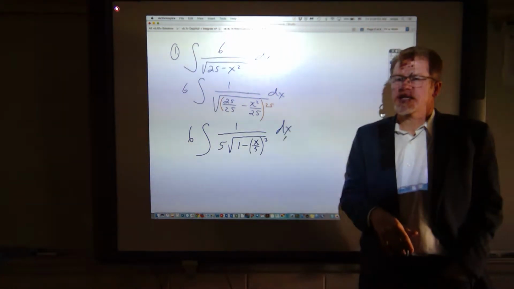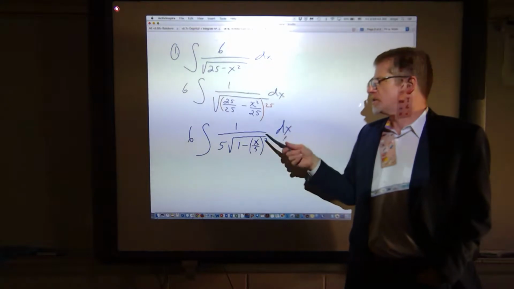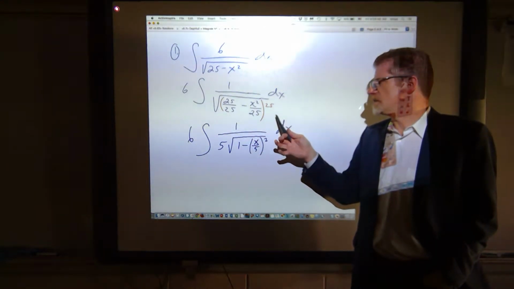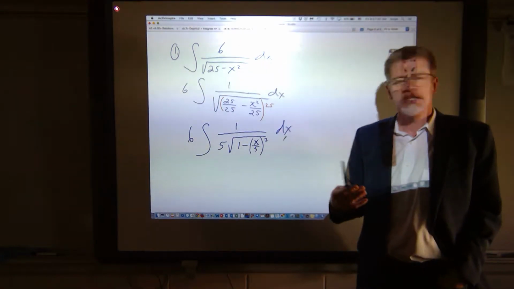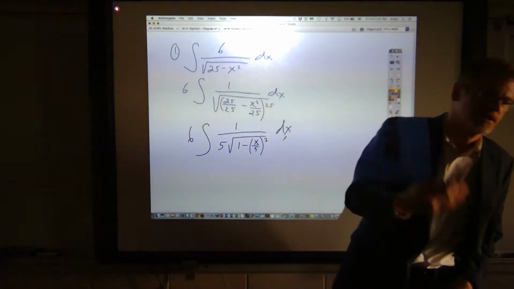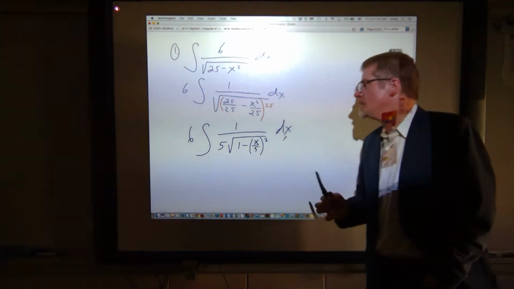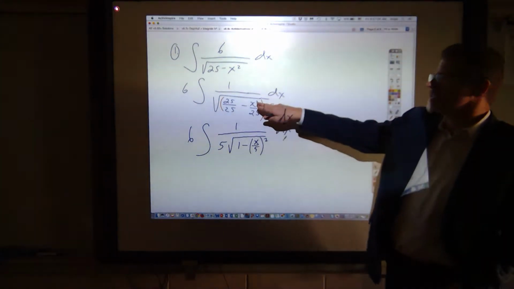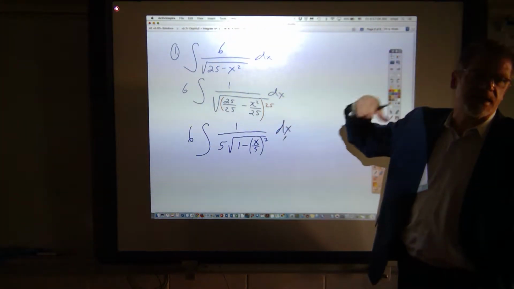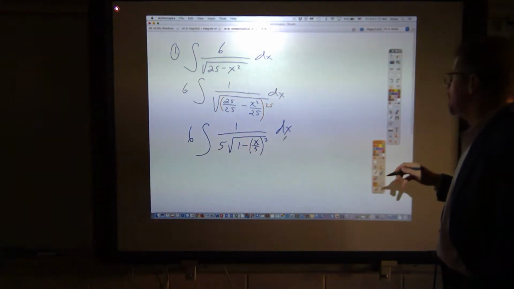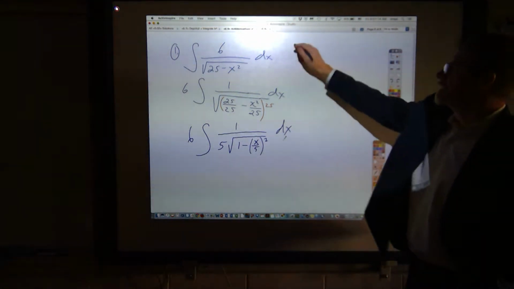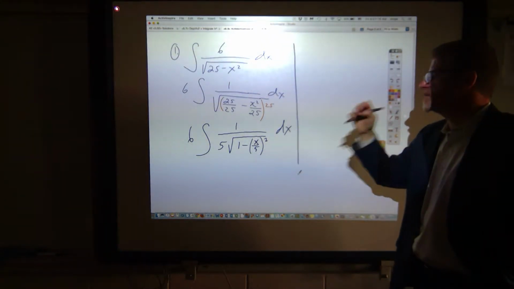Look at the two things I did. One, I took the square root of a times b is the square root of a times the square root of b. The square root of 25 is 5. So the 25 has been liberated from the square root symbol. Now it's 5. Also, I noticed that x squared over 25 is the same thing as x over 5 quantity squared. This now has that characteristic derivative of sine inverse in it.